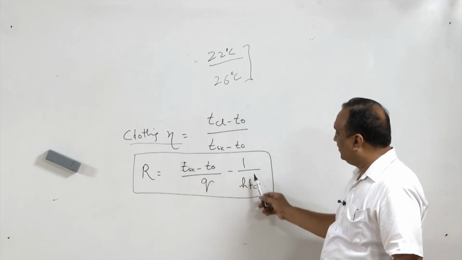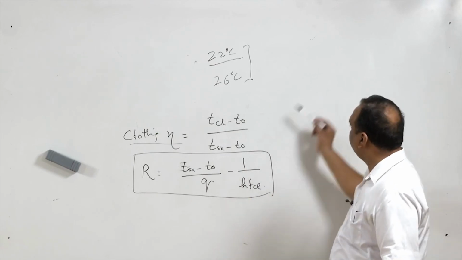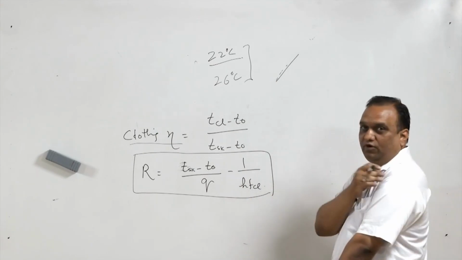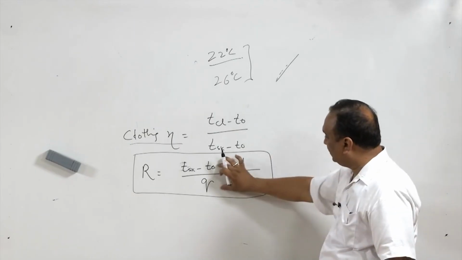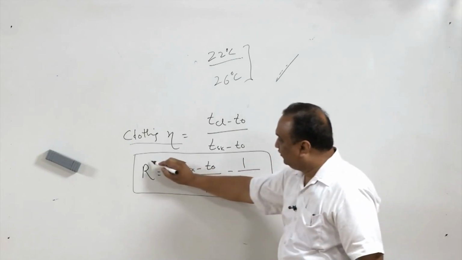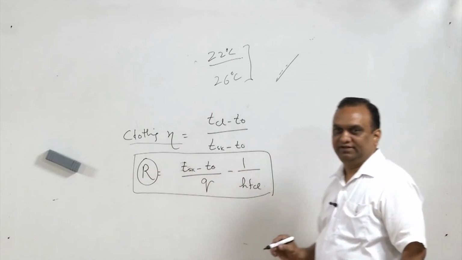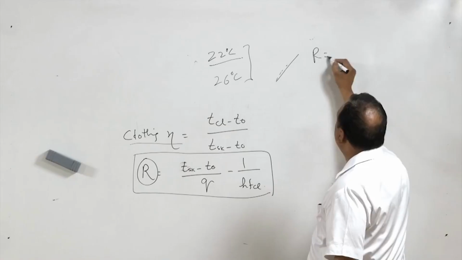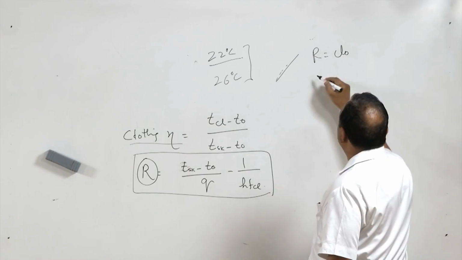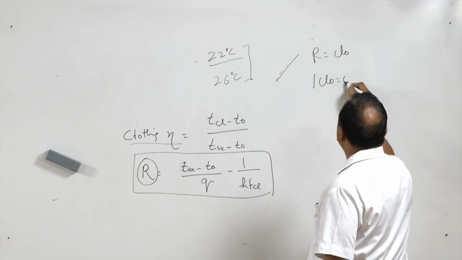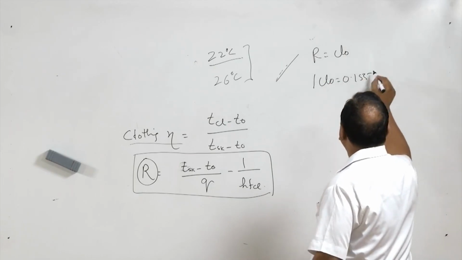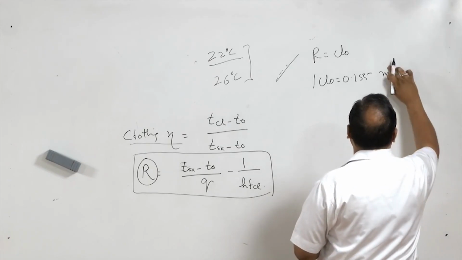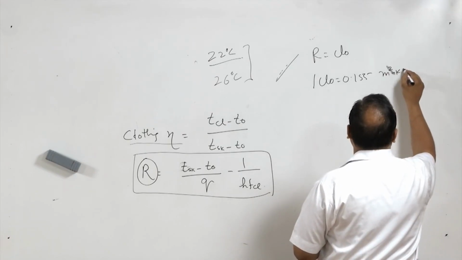This is film coefficient, film resistance, because when there is convective heat transfer over the cloth, a film will be formed over the cloth. The difference of these two resistances will give the clothing resistance. Right? Now this clothing resistance is expressed in terms of CLO, and 1 CLO is equal to 0.155 meter square Kelvin per watt.